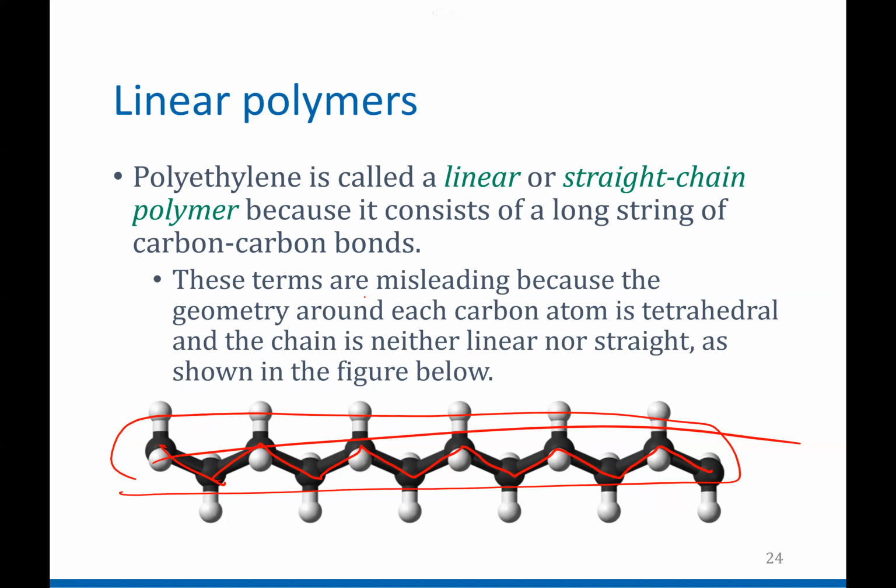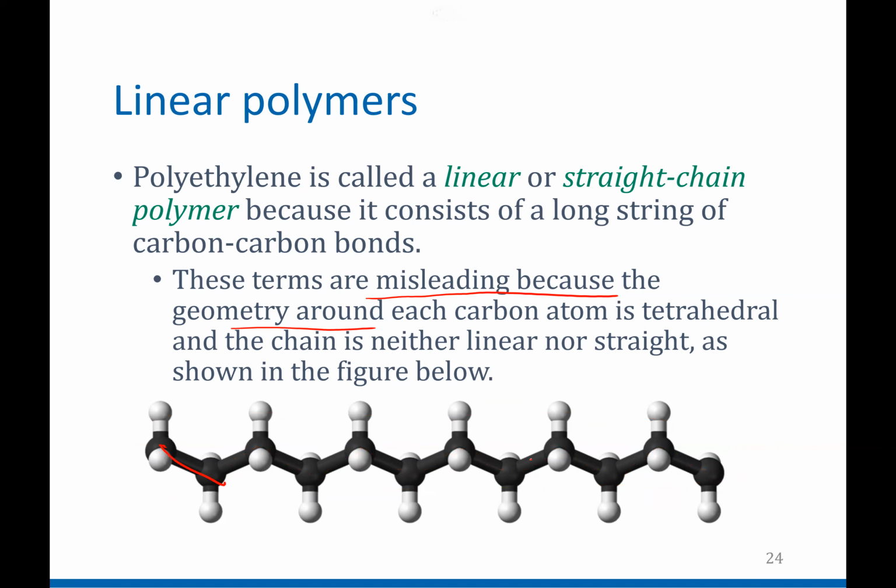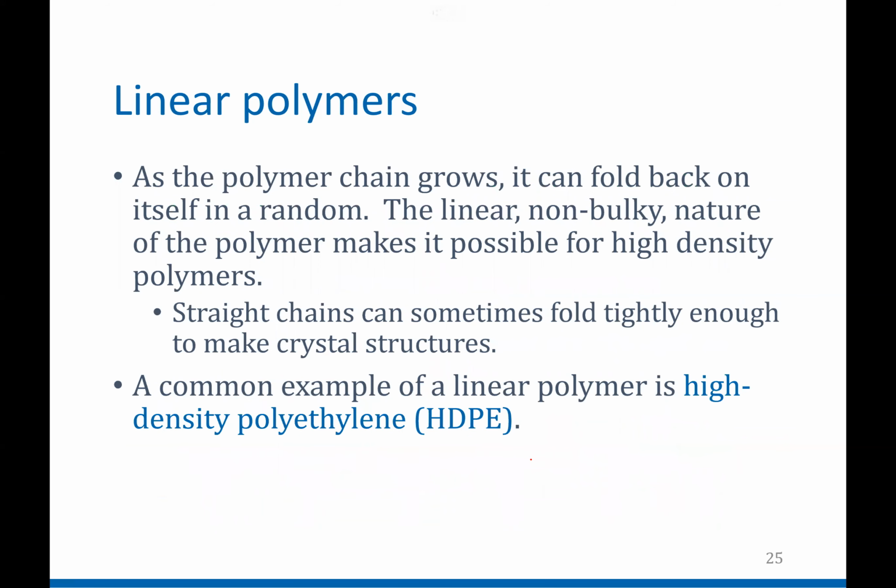You can see here the term is misleading because the geometry means the tetrahedral shape of a carbon atom means the chain isn't necessarily straight, but you'll see what I mean when I get into branched. The difference between linear and branched makes this a lot easier. So as the polymer chain grows, this is where linear polymers get interesting. As it gets longer and longer, it can begin to fold back on itself in random ways.